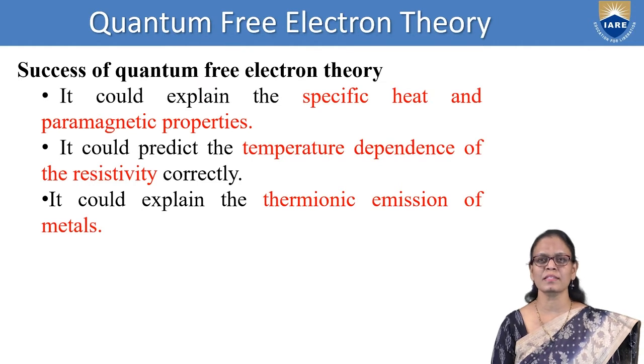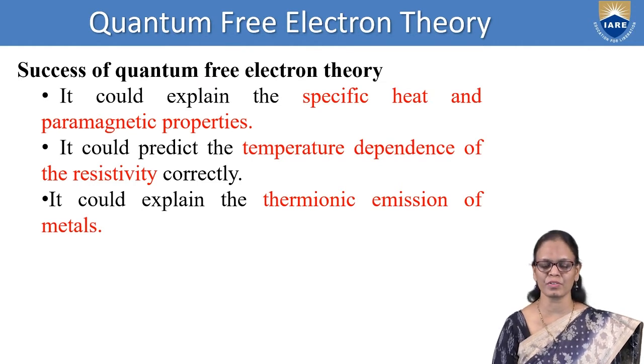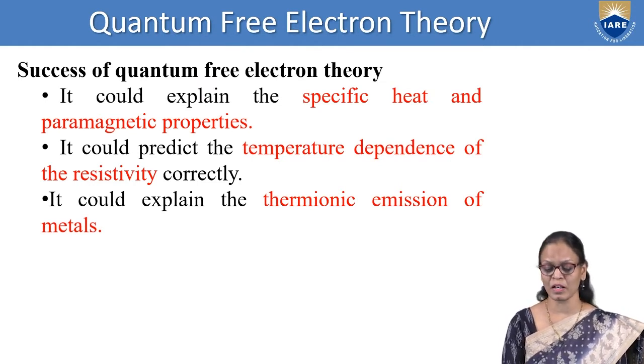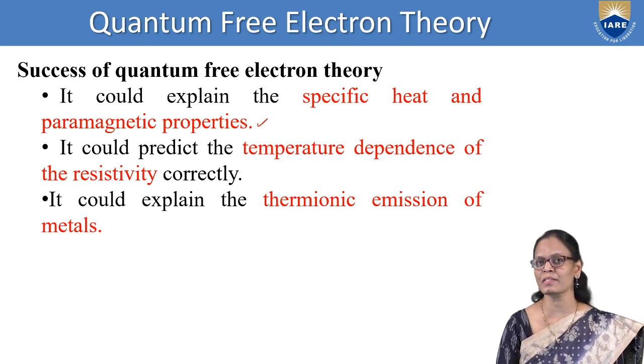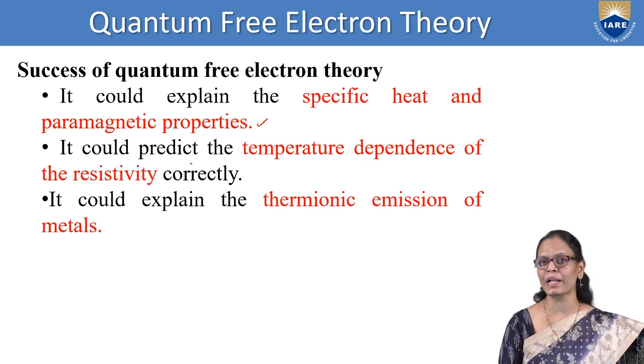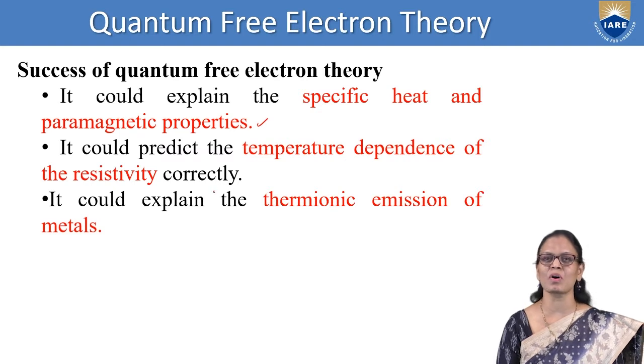Now, what are the successes of this quantum free electron theory? They could very clearly explain the specific heat and magnetic properties which the classical free electron theory failed to explain. And it could also predict the temperature dependence of resistance correctly. Here also the classical theory failed.